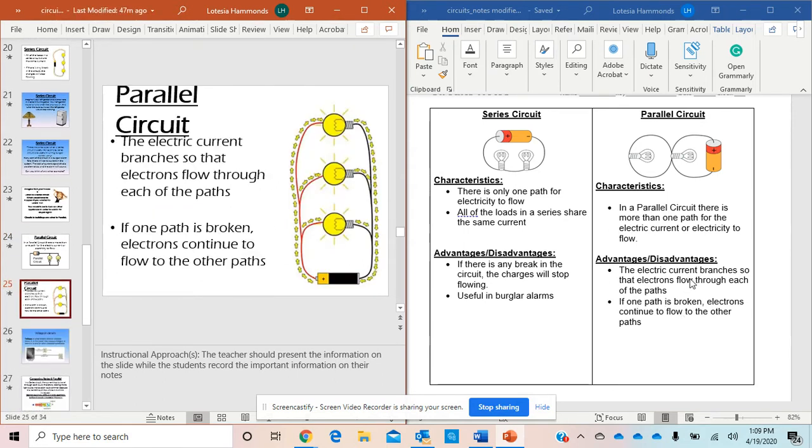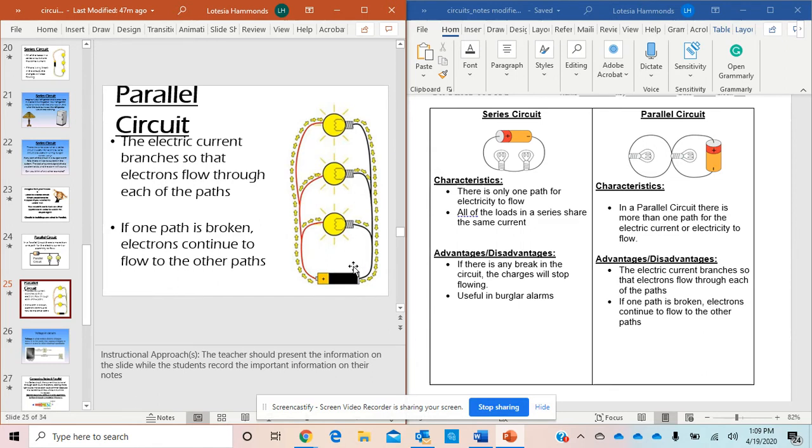As far as some advantages and disadvantages, the electric current branches so that electrons flow through each of the paths. If one path is broken, electrons continue to flow through the other path.